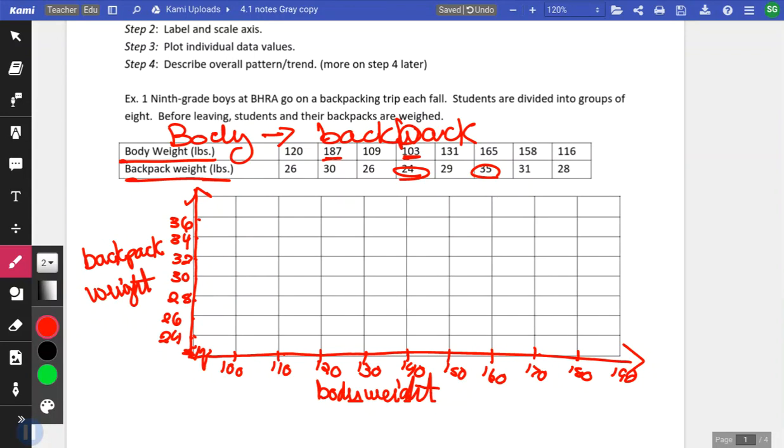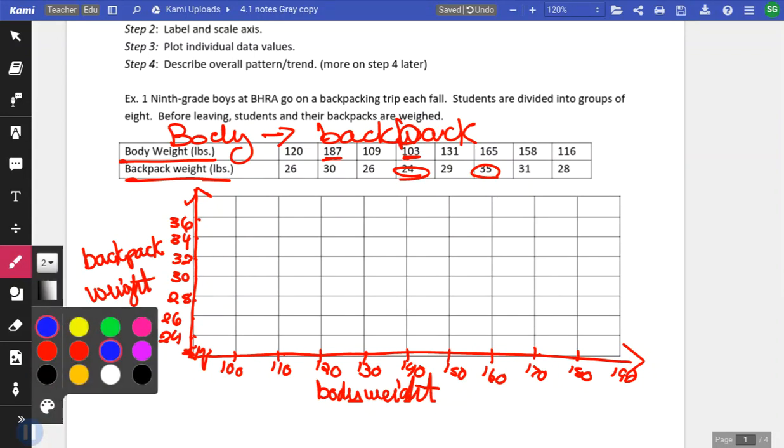Okay. Once you have labeled and scaled, now you can start plotting points. We've got 120 and 26. There's the first person. So each dot is one person. 187 and 30. So it's going to go like that. 109 and 26. 103 and 24. 131, 29.